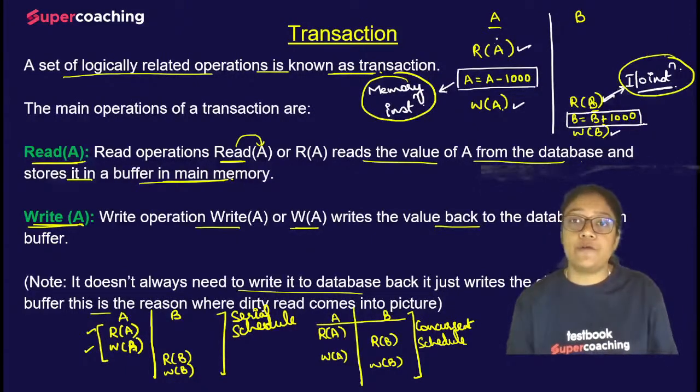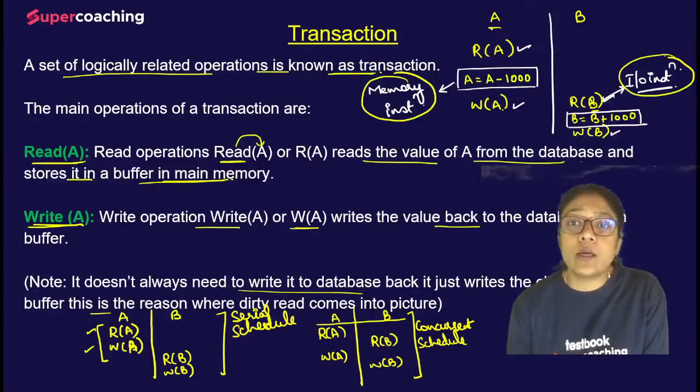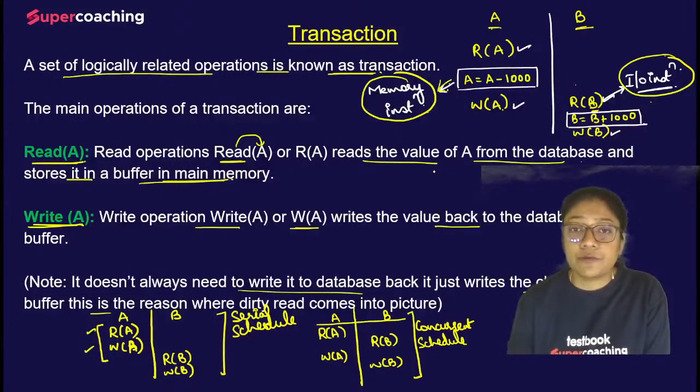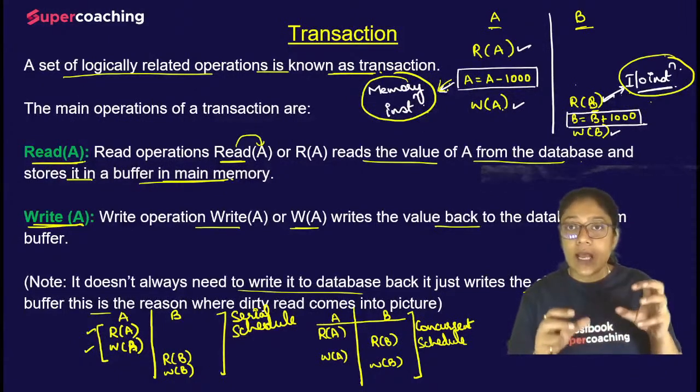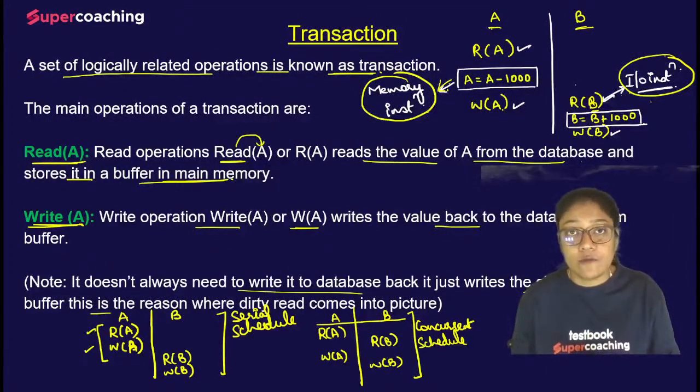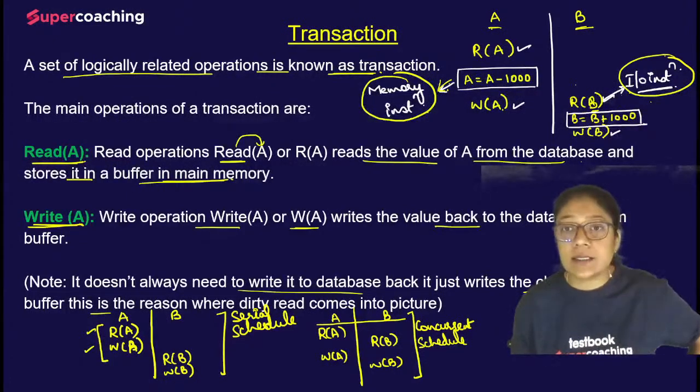Let us assume that in a concurrent schedule, when one transaction is busy performing the memory instruction, at that time the other transaction can perform the IO instruction because the IO is free, right? And when one transaction is busy performing the IO instruction, the other transaction can perform the memory specific instruction. So this is how, obviously, the resources are different here. Two transactions or two operations cannot be performed on the same resource, right? We have covered this in operating system. These are some concepts we have covered in operating system.